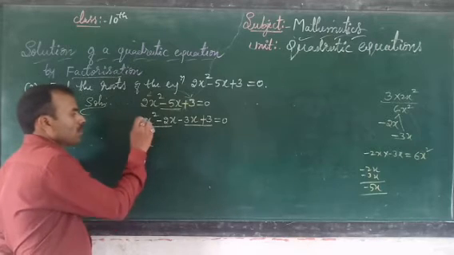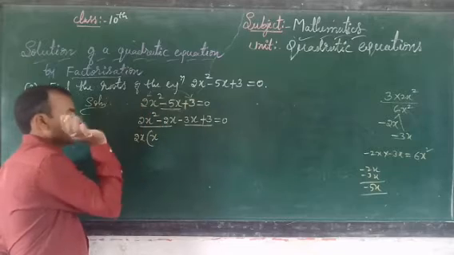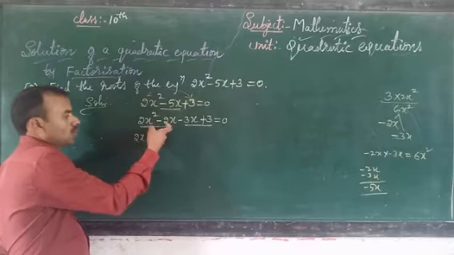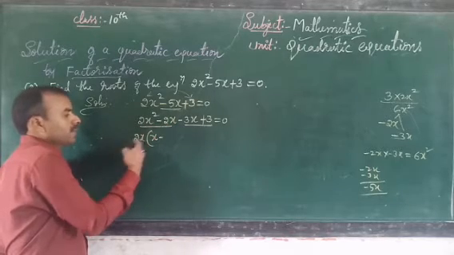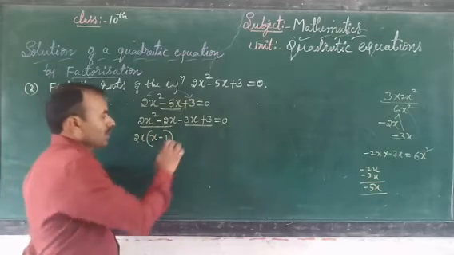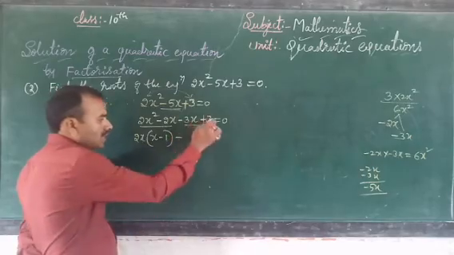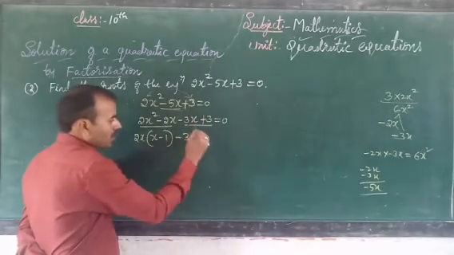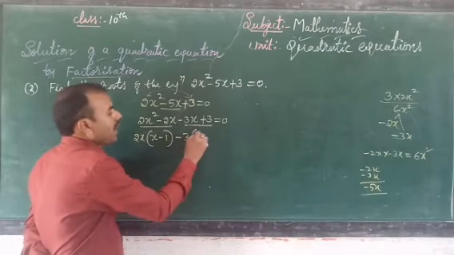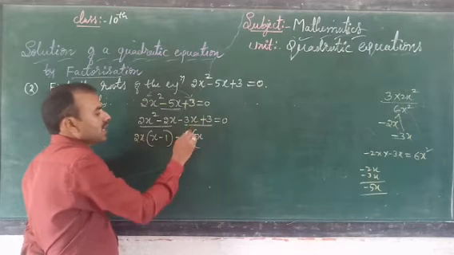The remaining term inside the bracket is x. 2x into x, 2x square is exactly correct. And minus is there, so write 2x already written outside, so remaining 1. 2x into 1, 2x. Here minus is there, I take common minus 3, and remaining term inside the bracket is x. Minus into plus, minus 3 into x, 3x.